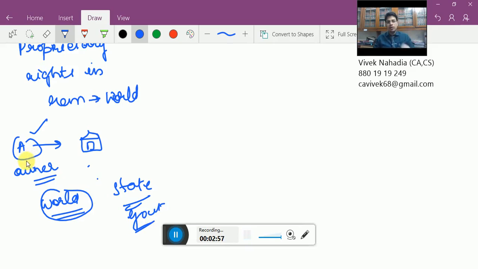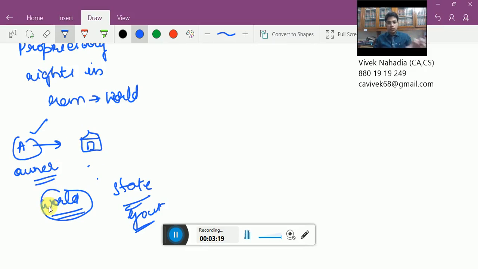right over his house. So the law of property, I repeat, deals with the proprietary rights in rem, meaning against the world. So A's proprietary rights are of his house, and these proprietary rights in rem mean against the world.